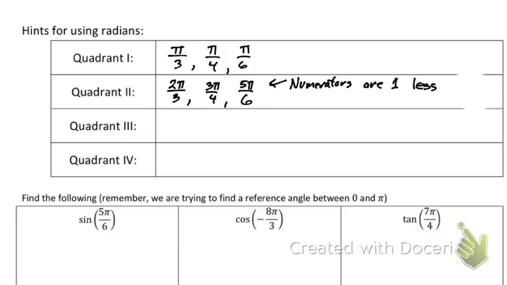The key is here in quadrant 3, they're actually going to be 1 more. You're going to have 4 pi over 3. You're going to have 5 pi over 4. And you're going to have 7 pi over 6. So your numerator is going to be 1 more.